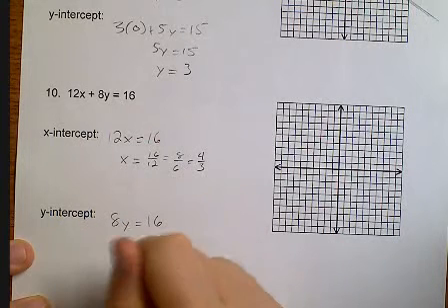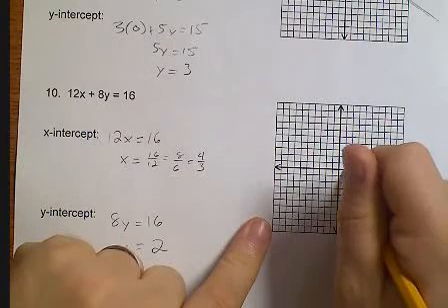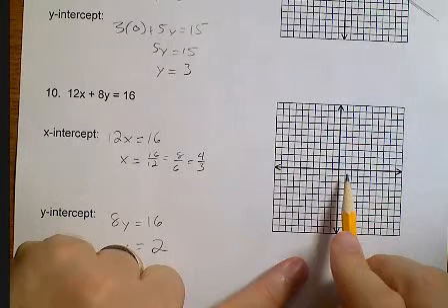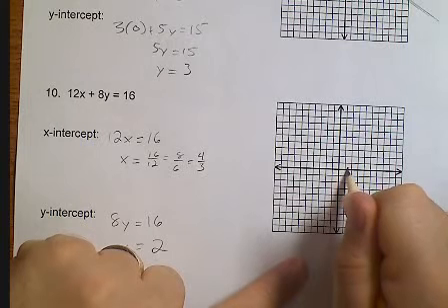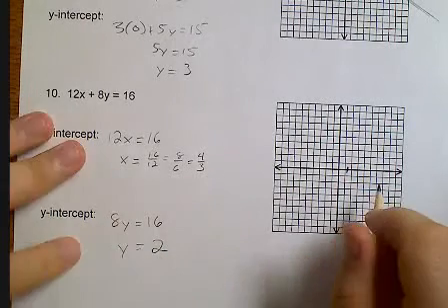So y equals 2. So 4/3 would be 3/3 is 1. 4/3 is just a little bit past that. And then 2.